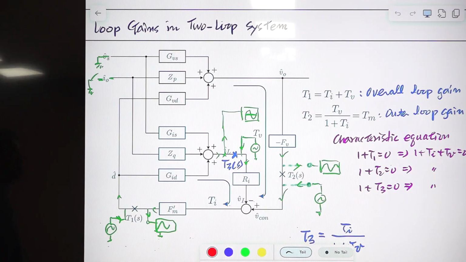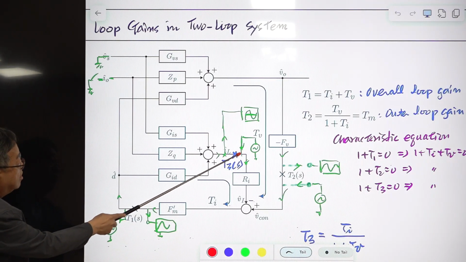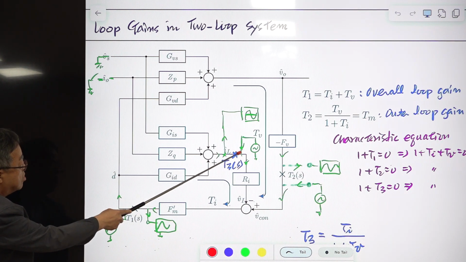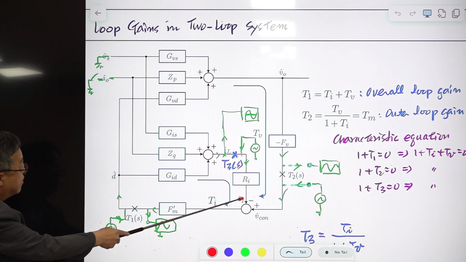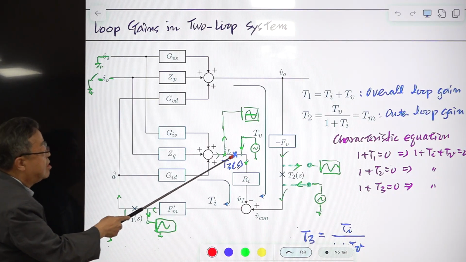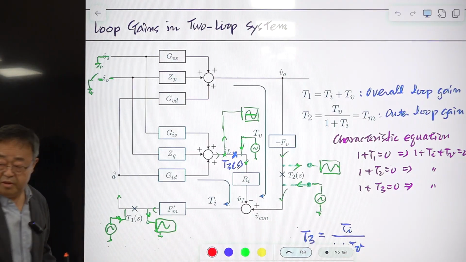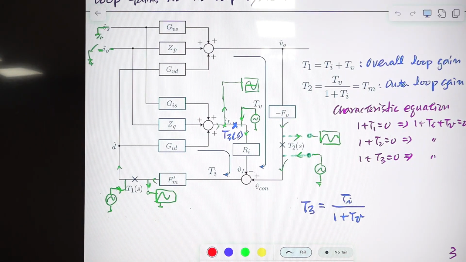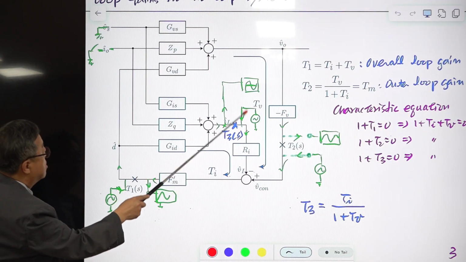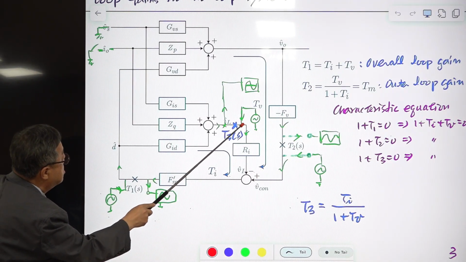And another loop gain can be defined here. You break this point and inject some sinusoidal waveform, and this will come back like this. So it comes in the denominator. No, this is for the signal path.